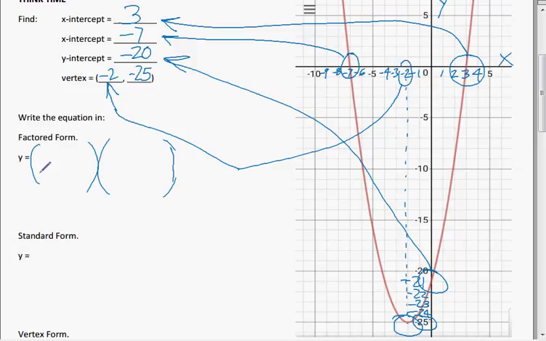And I know I'm going to have x times x. Since the graph has a minimum, I know that I don't have a negative x. So I know I have x and x. And I know that I can find my x-intercepts by taking the opposite of these numbers. So I'm going to have x minus 3 and x plus 7.